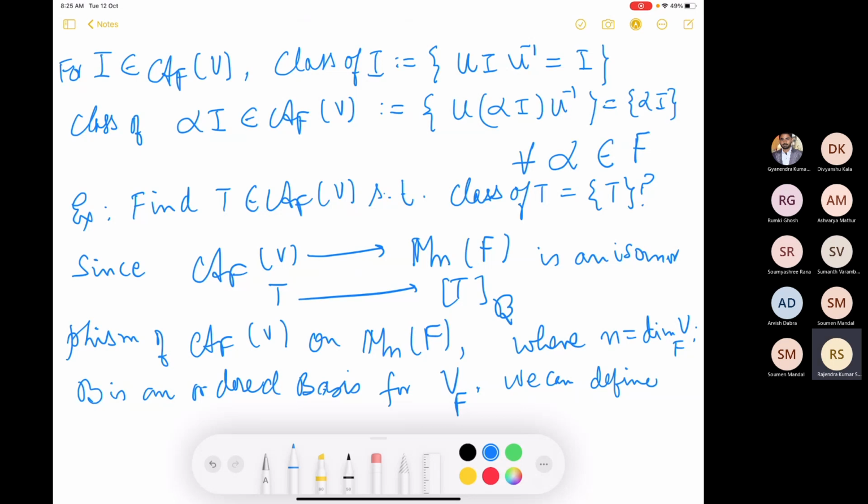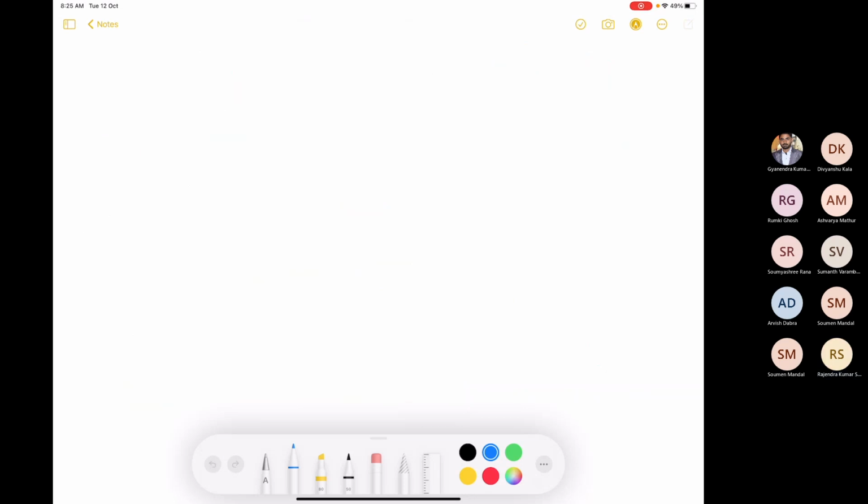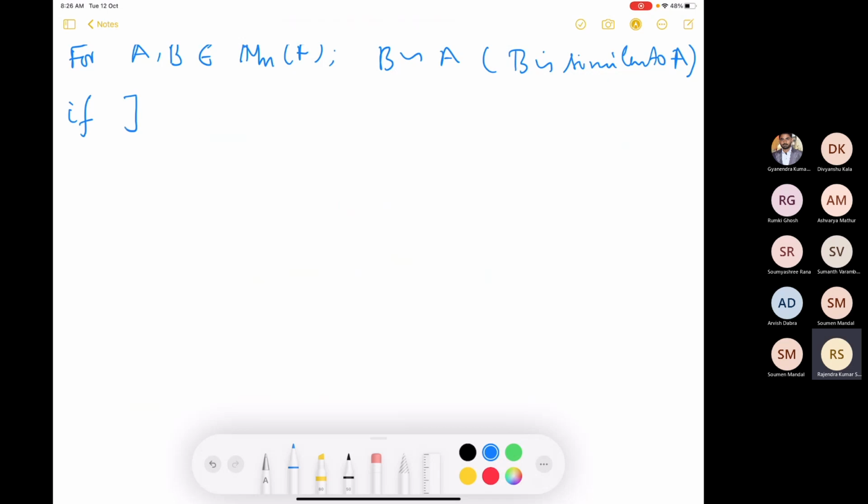Since this is an isomorphism, we can define likewise, for two matrices, say A and B in M_n(F), that B is similar to the matrix A if there exists an invertible matrix P in M_n(F) such that B is equal to PAP inverse, or P inverse AP.